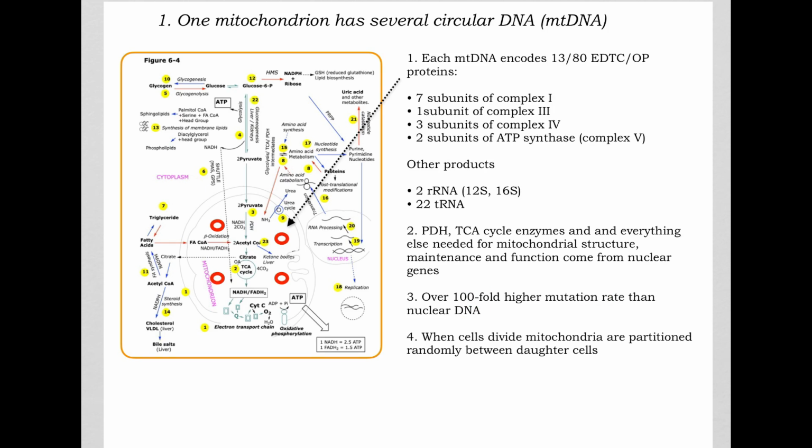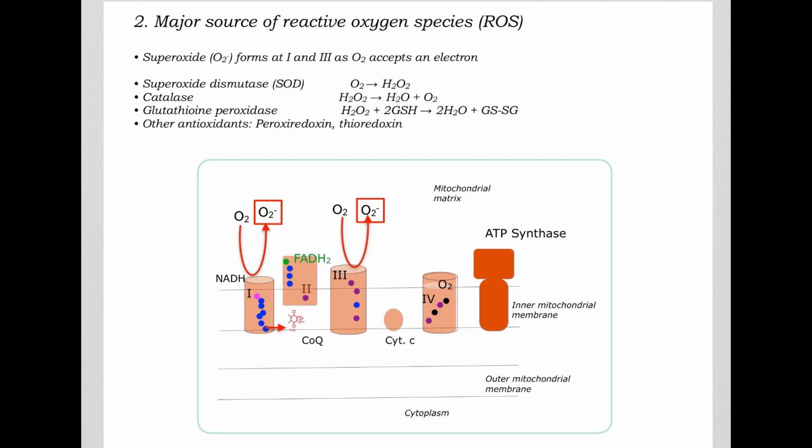Also important to note that when cells divide, the mitochondrial DNA is partitioned randomly between the daughter cells, unlike nuclear DNA. Another important point is that mitochondria is the major source of reactive oxygen species in the cell.